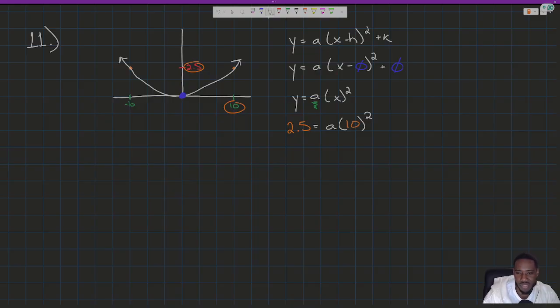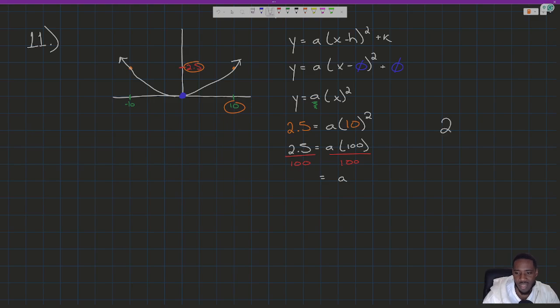From here, it's order of operations. 10 squared is 100, so 2.5 equals a times 100. And to solve, we're just going to divide everything by 100. It's going to give us a is equal to, dividing by 100 is the same thing as moving a decimal 2 places to the left.